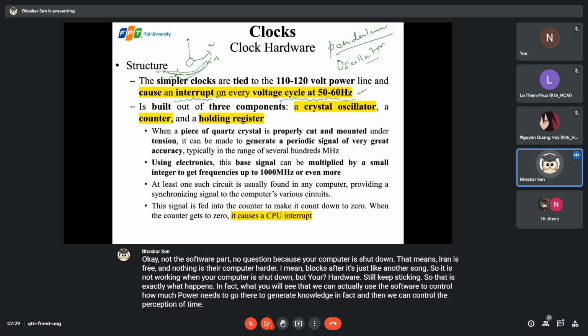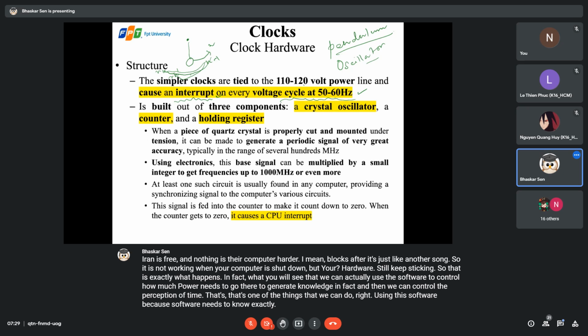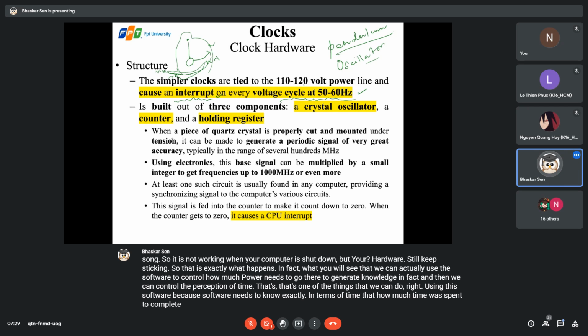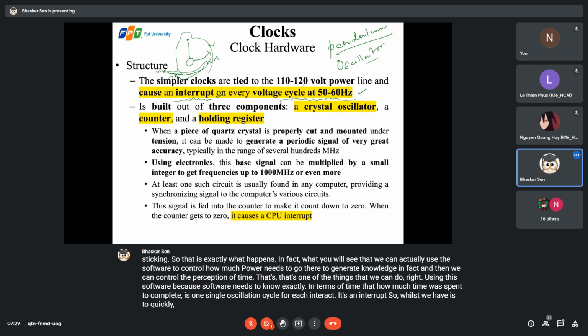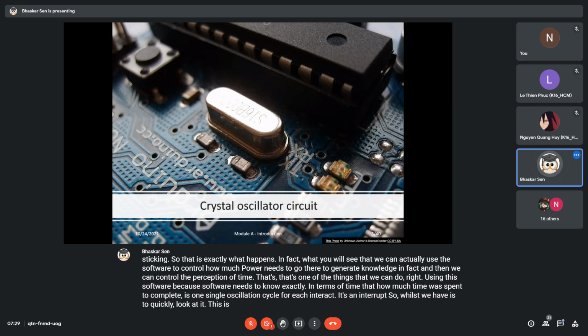That's one of the things we can do by using the software, because software needs to know exactly how much time was spent to complete this one single oscillation cycle for each interrupt. It's an interrupt. So what else do we have? Let's take a quick look at it. This is what we have, but not this one. This one is just a picture.